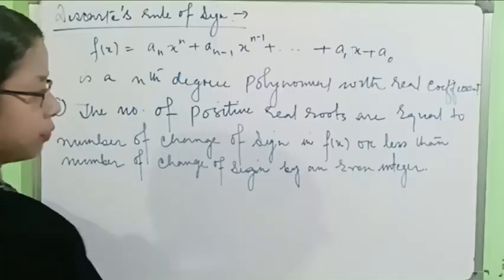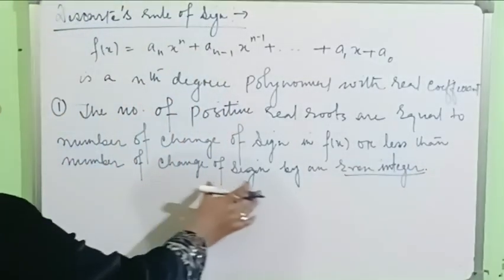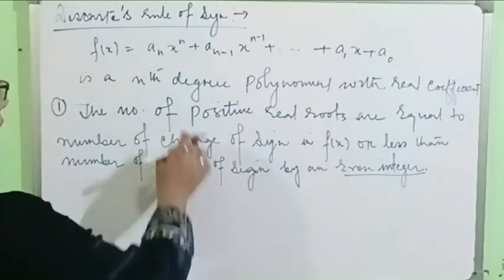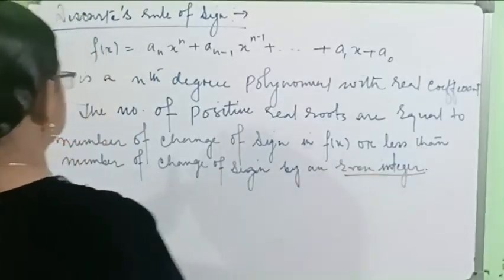Because complex roots occur in pairs, the number of positive roots is less than the number of changes of sign by an even integer.